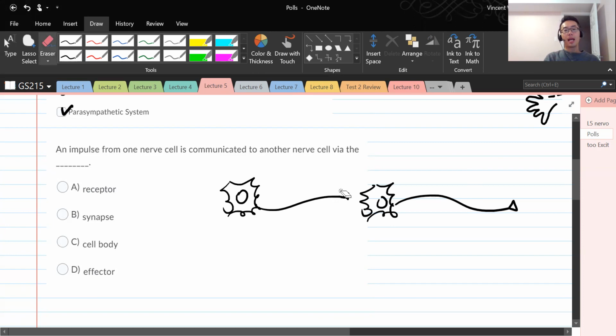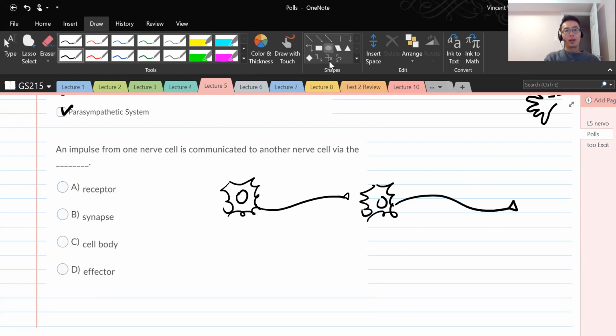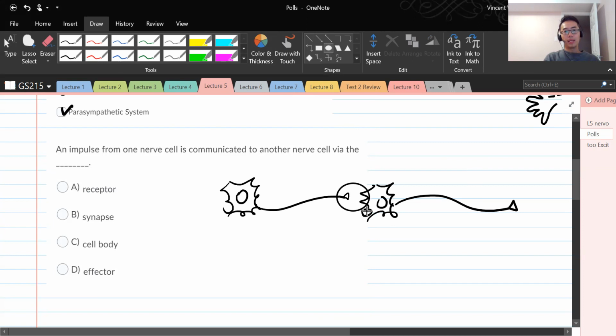The signal will go from the axon terminal of one neuron to the dendrite of the next. So where the two meet and come in close proximity, that is called the synapse. Okay, and we'll learn about what happens at the synapse later on.